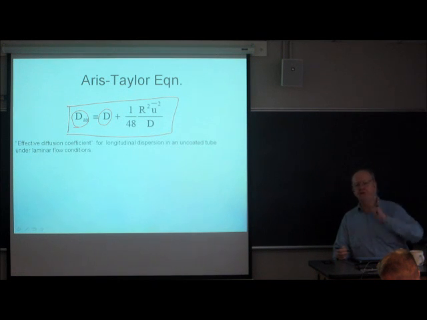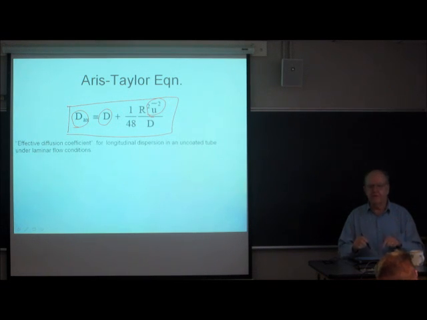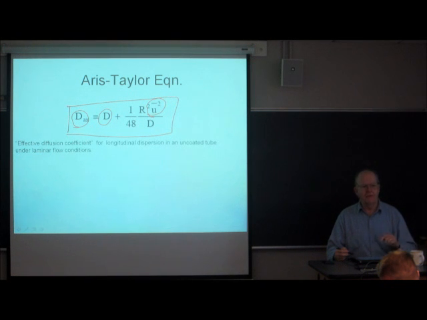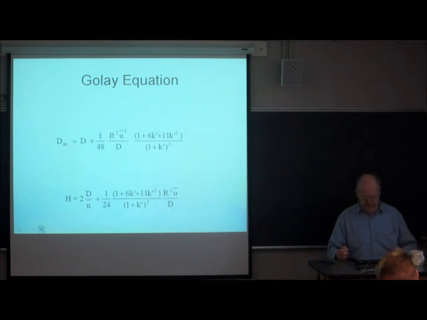But it's diffusion that has a velocity dependence. There's the velocity. We're working on understanding where this comes from, because if we can't understand where this comes from, we will not understand broadening in an open tube. So we won't understand capillary GC or capillary LC.